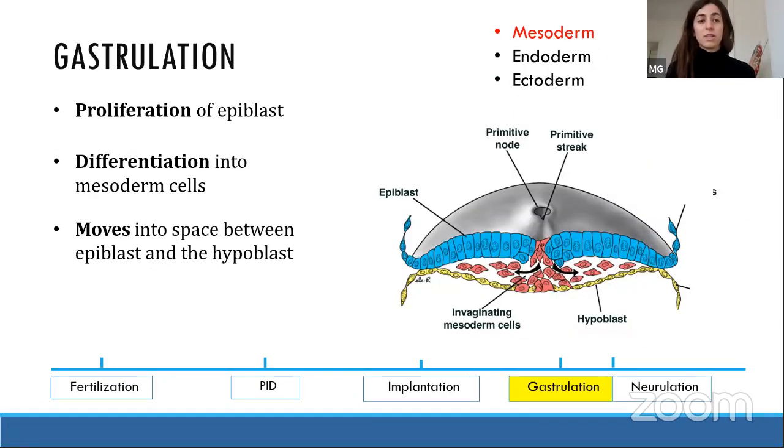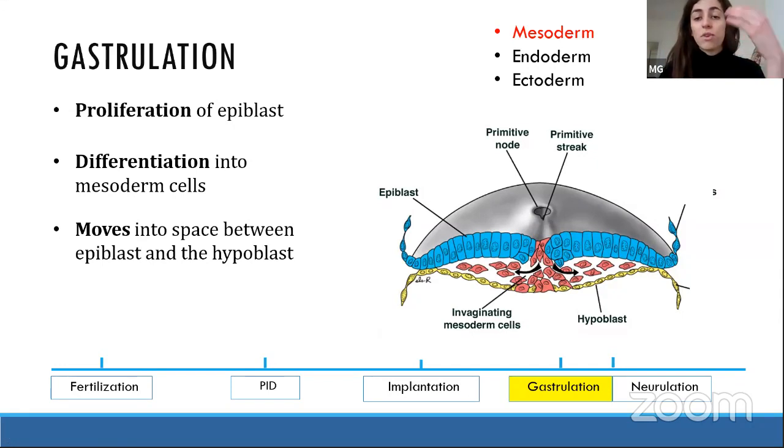So gastrulation, first step, as you can see over here, this is very important. So it all starts at the primitive node, okay? The primitive node, which is just over here, and it moves along cranially to caudally.